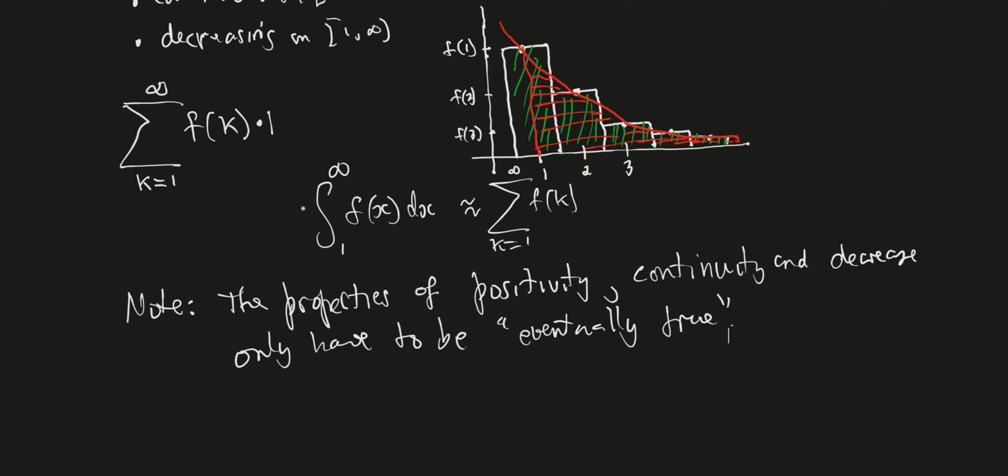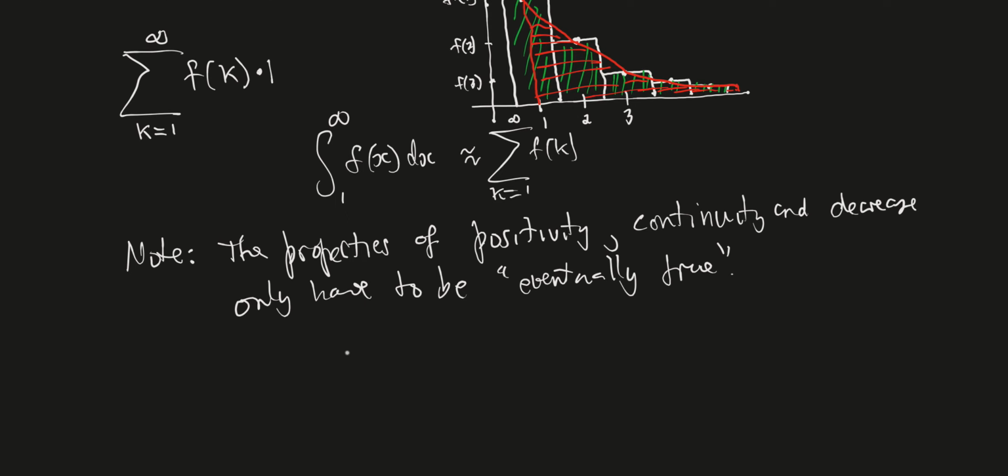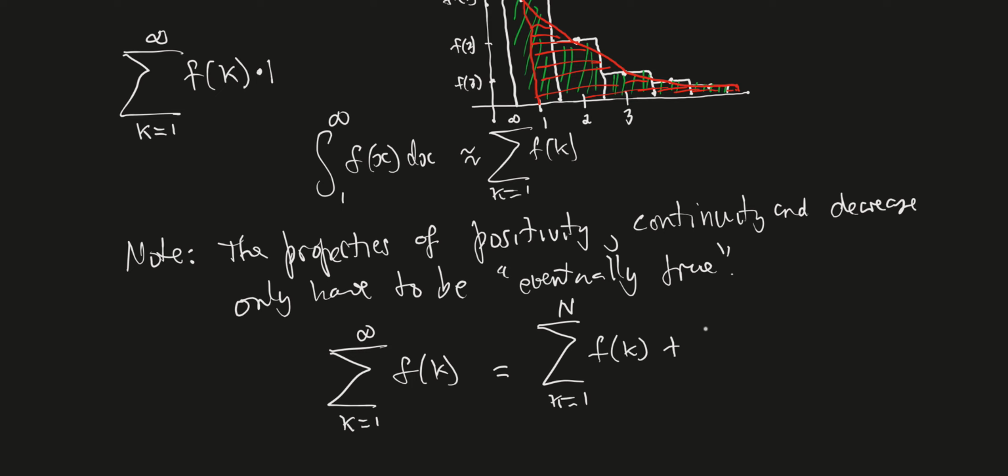And the reason is this. So this series that goes from 1 to infinity, let's say it looks like this. Well, I can split this up and say, I can go from, let's say, k equals 1 to, let's say, a big N, and then add on the rest of the terms, going from big N to infinity.